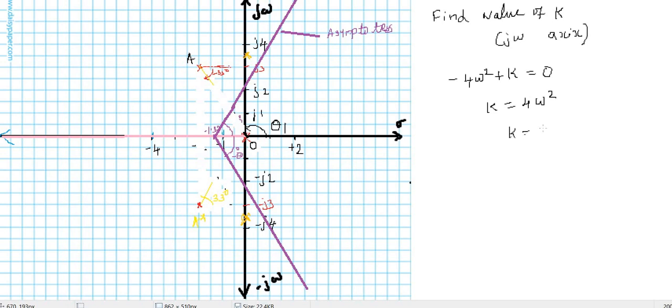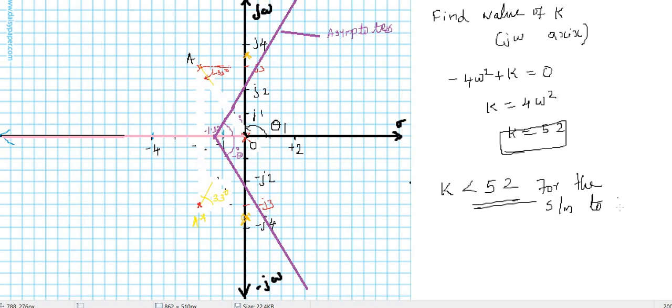So the value of k is 52. This is the limiting value of k, above which the system will get unstable. Or we can say that for the given system to be stable, the value of k should be less than 52.